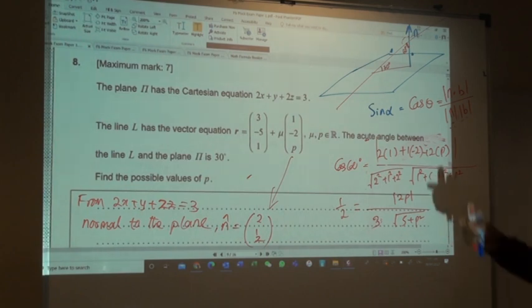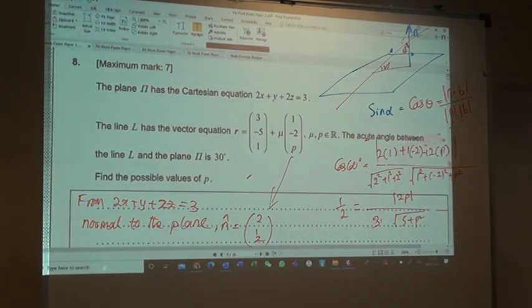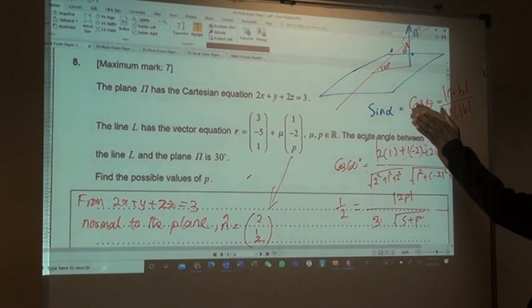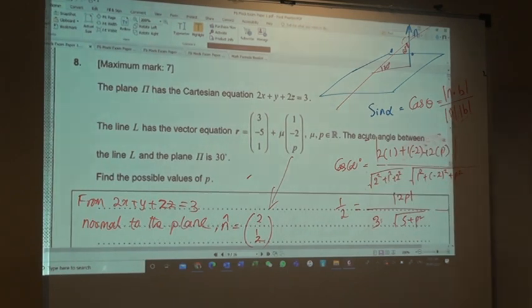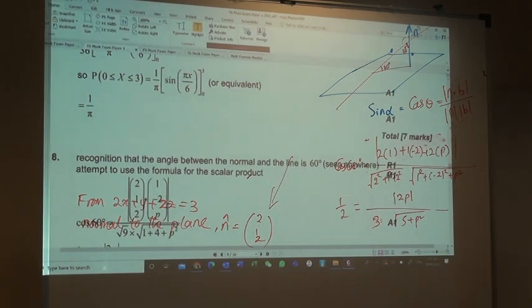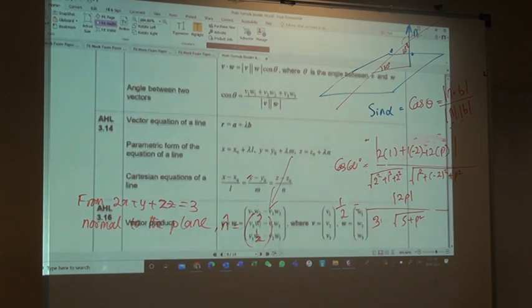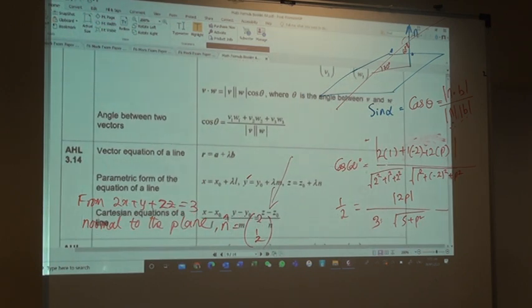The essence of writing this in two ways is that if you don't want to use the formula in your formula booklet directly, which is for finding the angle between two vectors. This is the angle between two vectors.